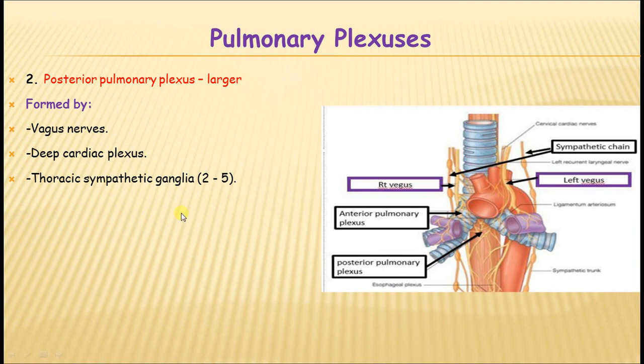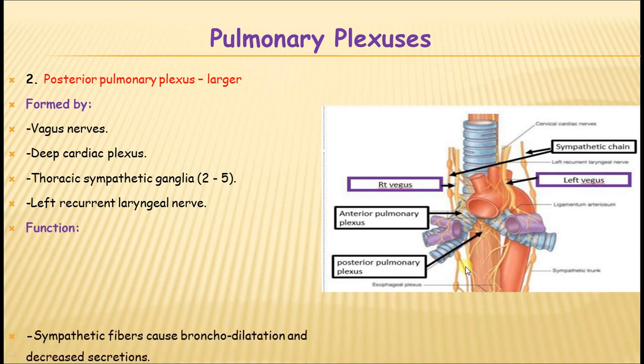So sympathetic is mainly giving to the posterior pulmonary plexus, to the deep cardiac plexus, and the posterior plexus is larger as compared to the anterior, and the left recurrent laryngeal nerve contributes for the parasympathetic part.